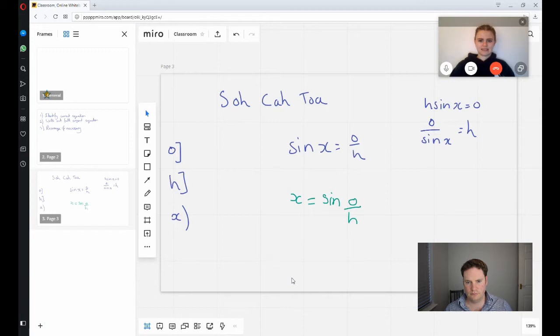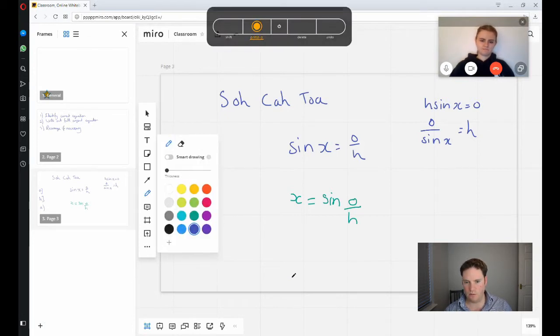That is very close, but not quite. If we need to get rid of a function, we're basically inversing the function. It will look like that, apart from it will have a little -1 here.